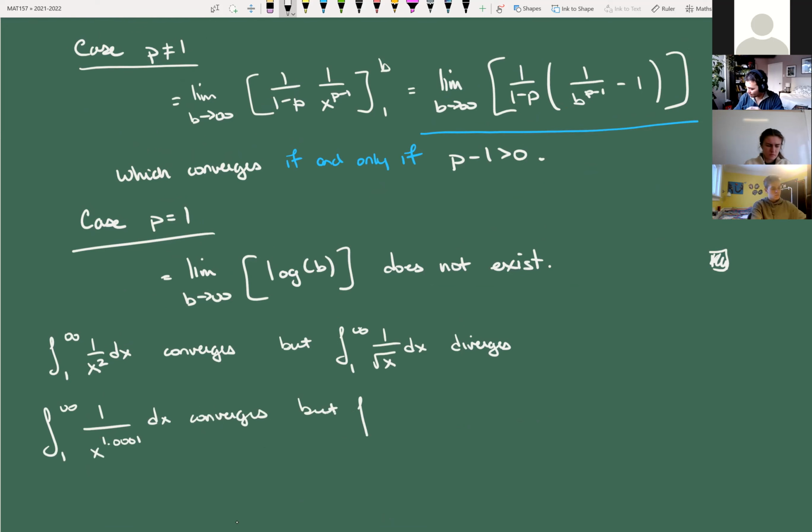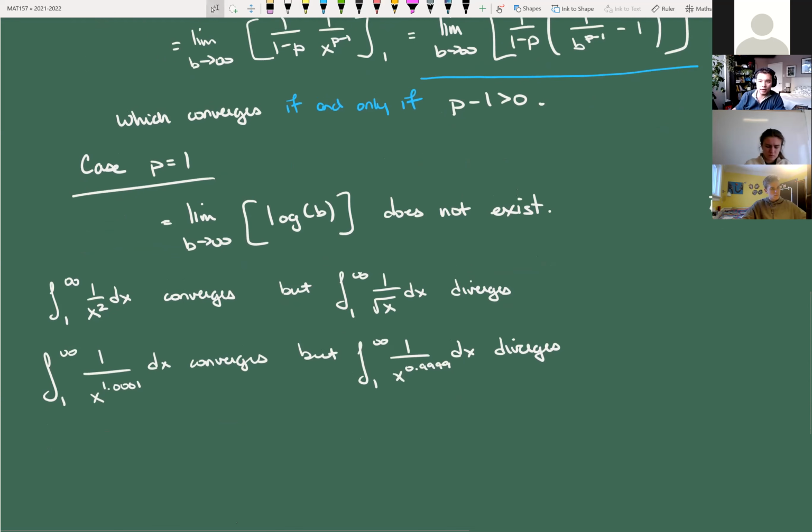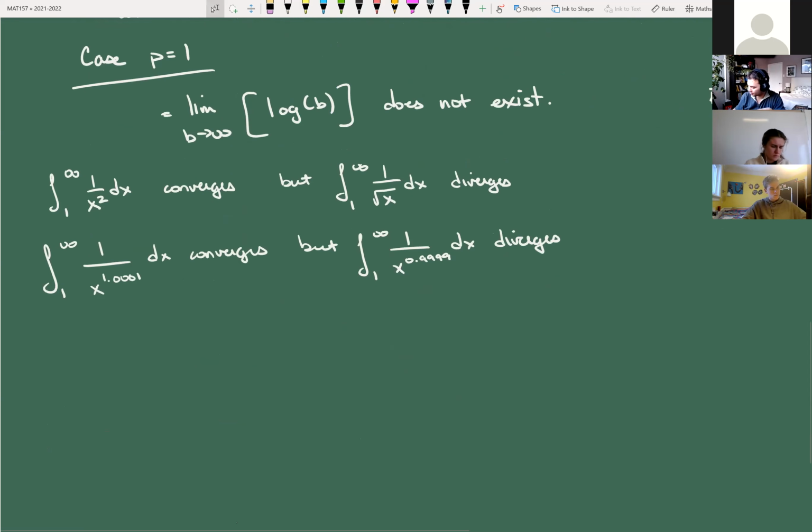But that thing diverges, right? So you can actually use any real number there if you want, like pi minus 17/4 or something.